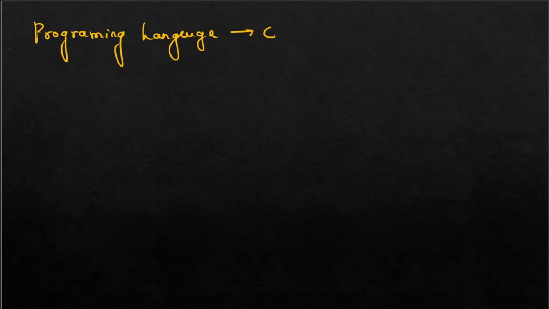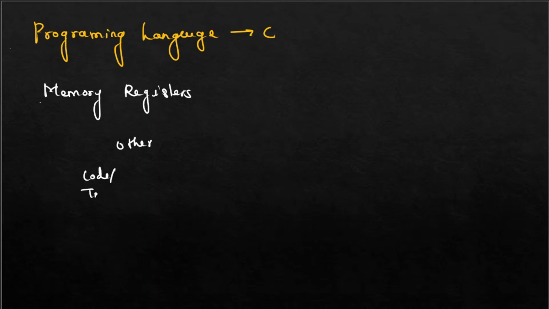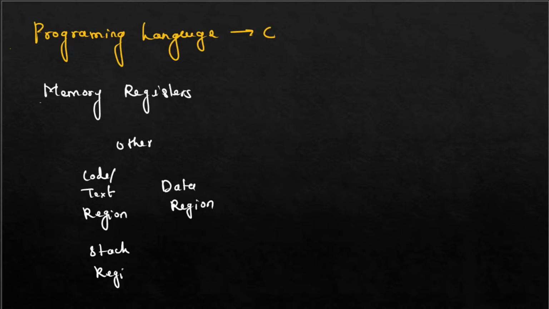So let's discuss now some memory regions. What are the memory regions? Here the table is other, code, text region, data region, stack region, and this is heap.